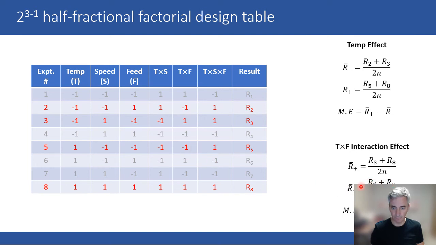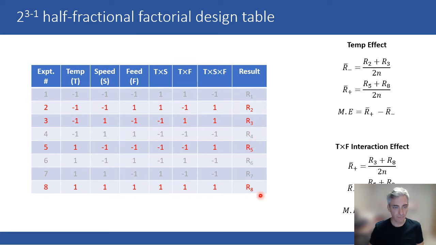So we have 2 and 5 for the low value, and it's high for experiment 3 and 8. So I take these values and calculate the average, and then I can see if there's an interaction between temperature and feed. So I hope you realize the power of this.